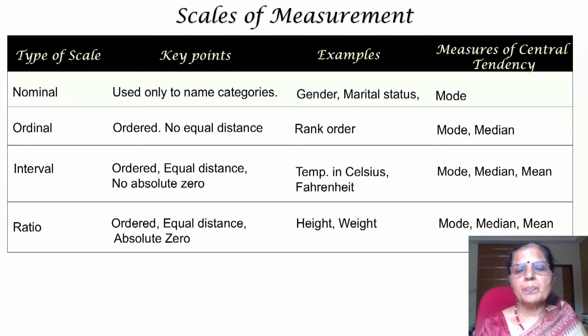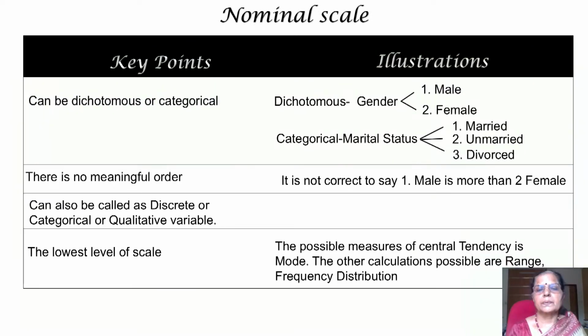In this table, key points pertaining to each scale are listed and examples are given, and also what measures of central tendency can be used with the corresponding scales are tabulated. The 4 types of scales are compared on these criteria. We will see each one of these scales in detail. About the measures of central tendency, which is a topic in statistics, I will make a separate video.